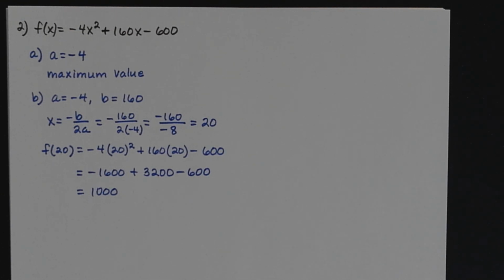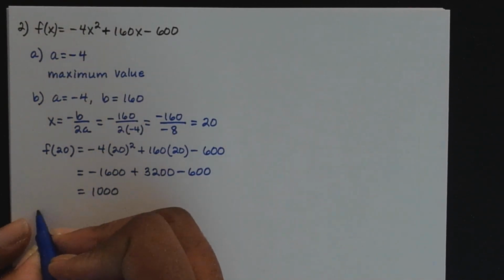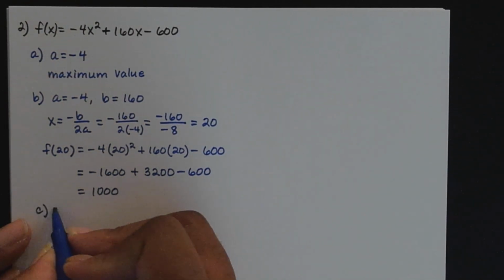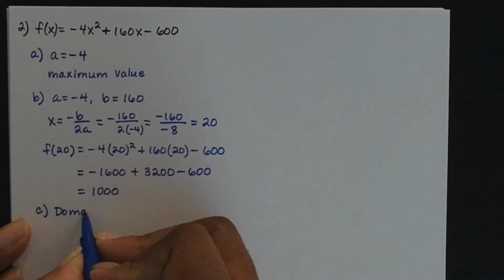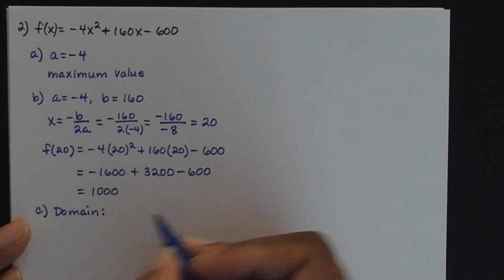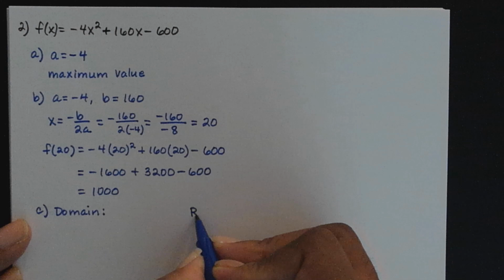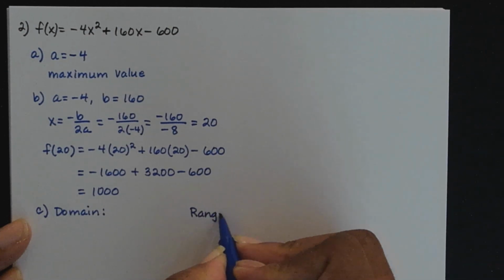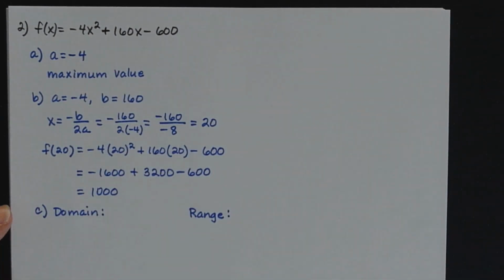Okay. And now part C is identifying the function's domain and range. Now the domain is easy to identify because it is a quadratic function, which is simply a polynomial function.